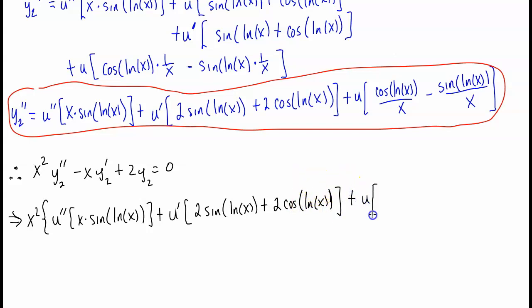And here we just have u with cosine of natural log of x all over x minus sine of natural log of x over x.